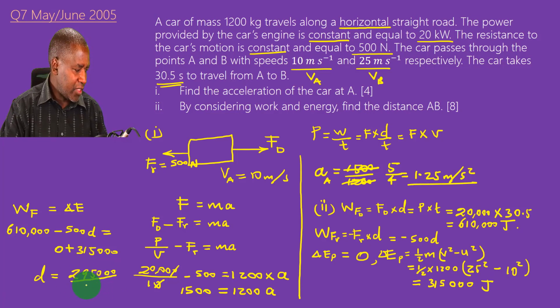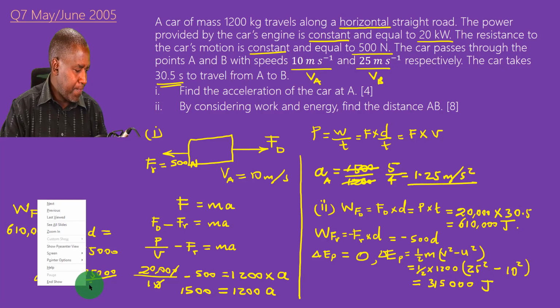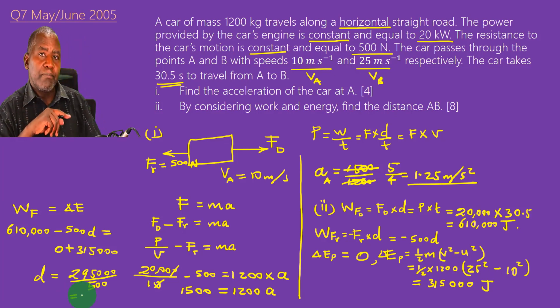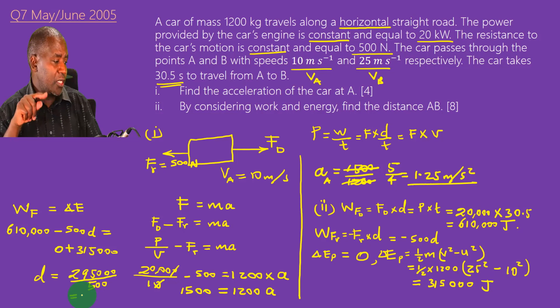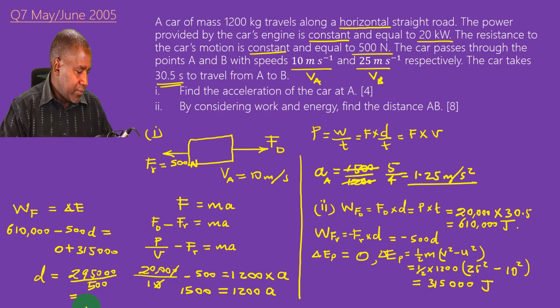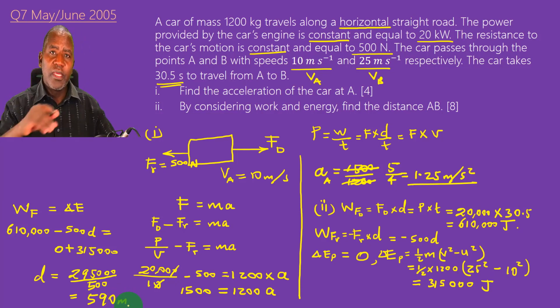And the 295,000 I'm going to divide by 500, because minus 500 went to the other side of the equal sign, it became positive, and I'm dividing both sides by 500. So I divide by 500 and I get 590. So the distance covered here is 590 meters.